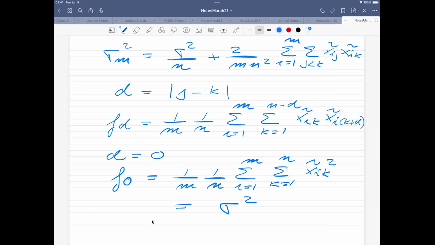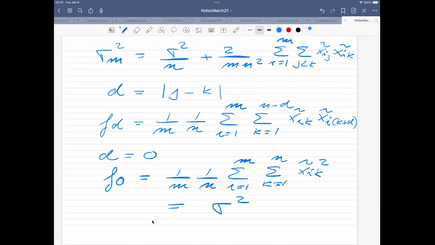So what I can do now is to rewrite this quantity here, since I now have introduced this way of rewriting two of the sums here. I'm still left with one of the sums. And you can see now, since I'm going from n minus up to n minus d, I can rewrite my term here in terms of this f of d and this term here.